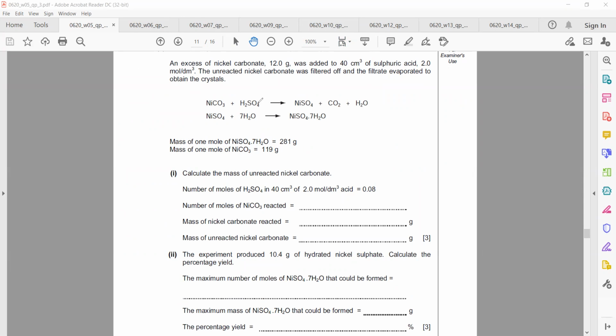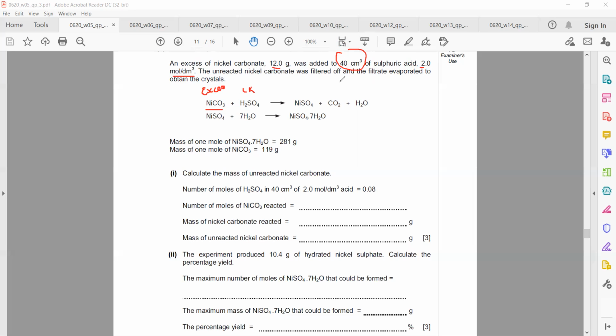In the first part, an excess of nickel carbonate, meaning we use more than enough nickel carbonate, which is 12 gram, was added to 40 cm cube of 2 mole per dm cube sulfuric acid. So sulfuric acid is the limiting reagent and nickel carbonate is the excess reagent.